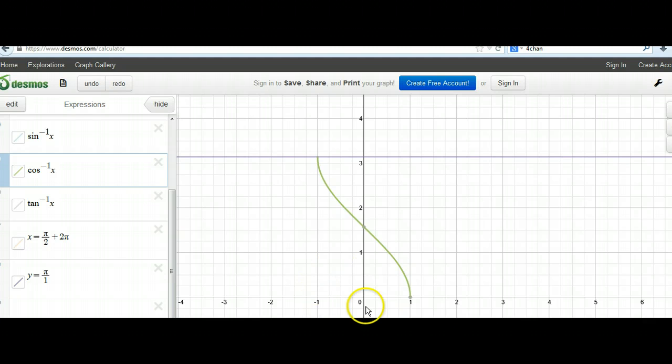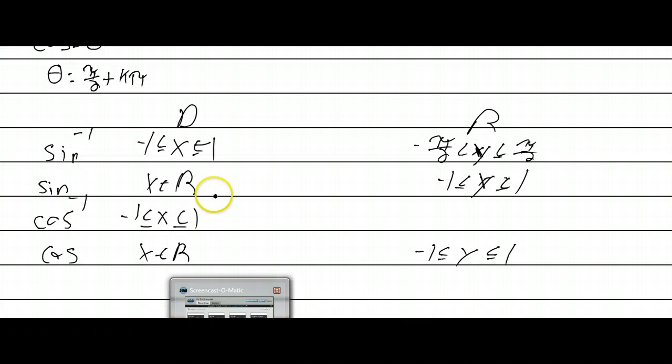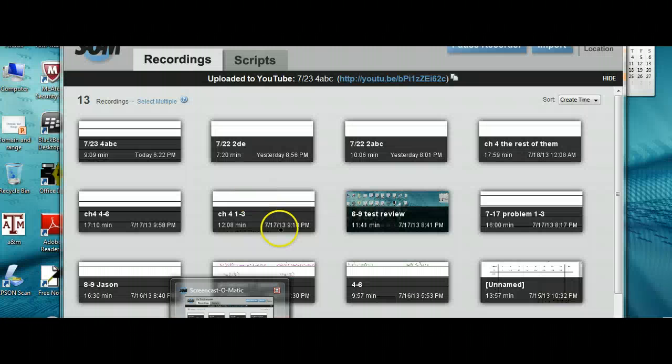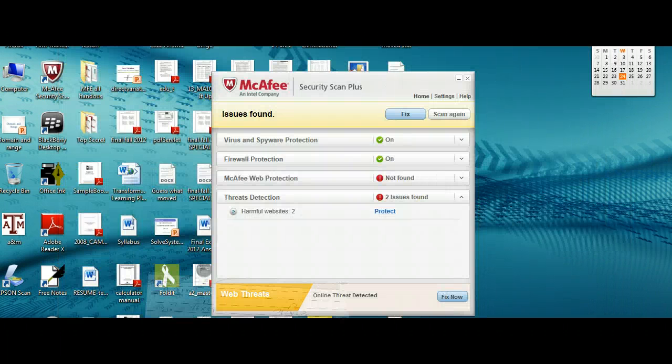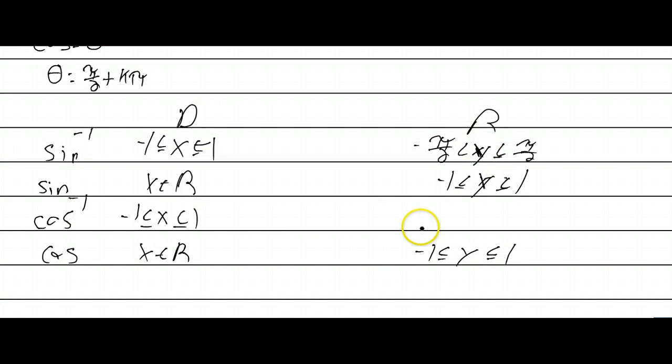Our domain is -1 and 1, so we want to know when cosine gave us -1 and 1. It gave us 1 at 0, and then it became -1 at pi. So our range is from 0 to pi, and our domain is -1 to 1.